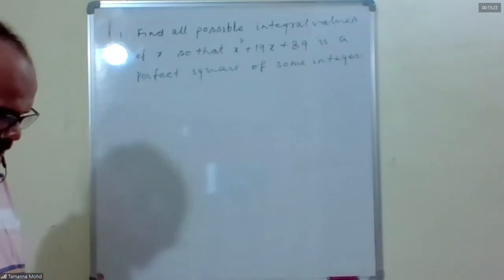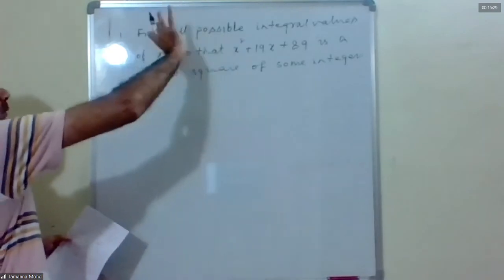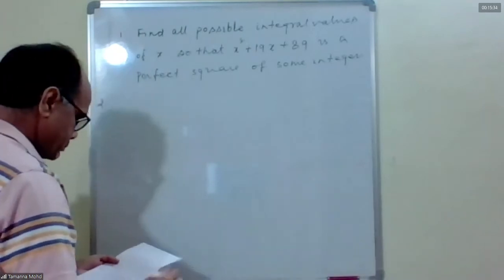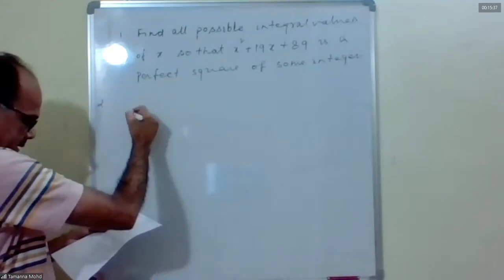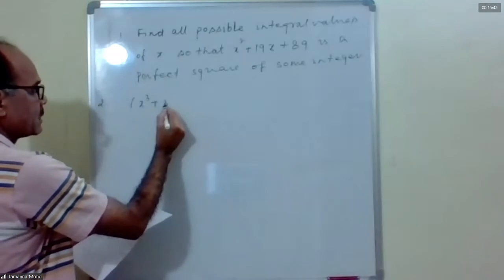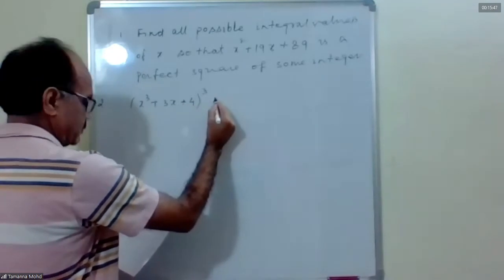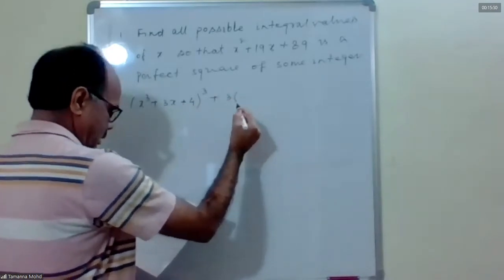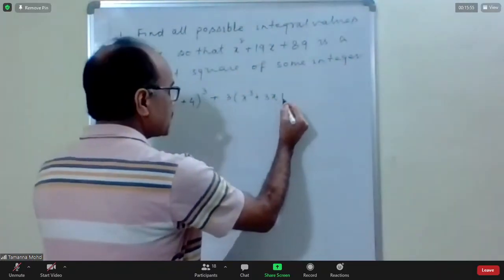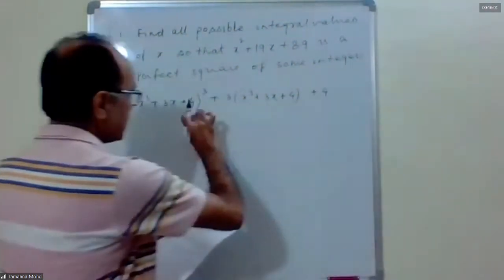Whatever I discussed, based on that, I am giving you 1-2 questions. Then I will give you some hint for this. Just today I discussed this type. You think of a similar hint.